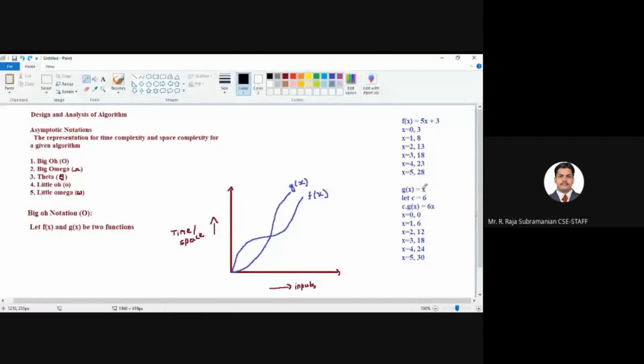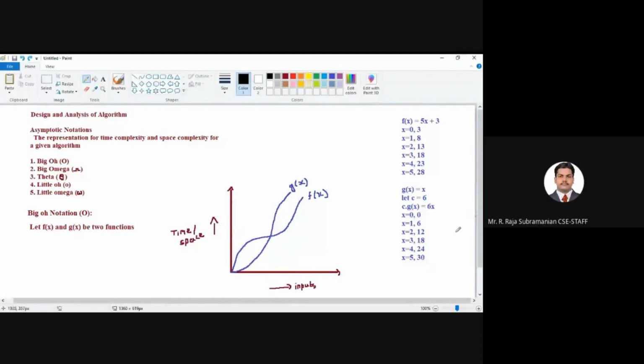How can I make 2x greater than 100x? Only when I multiply a constant with 2x does it become greater than 100x. So that constant is going to be c. So this is clear, right? These f of x and g of x values.